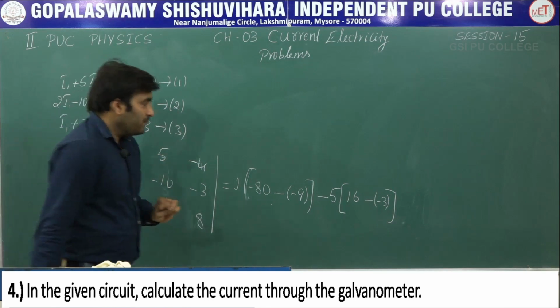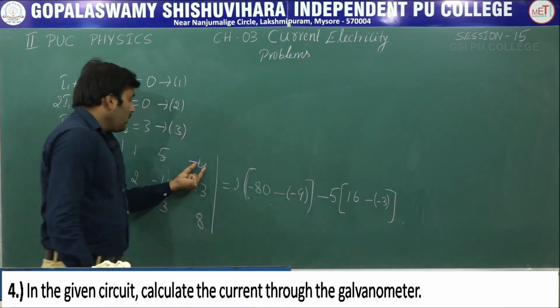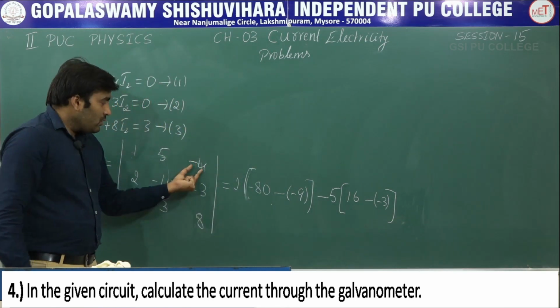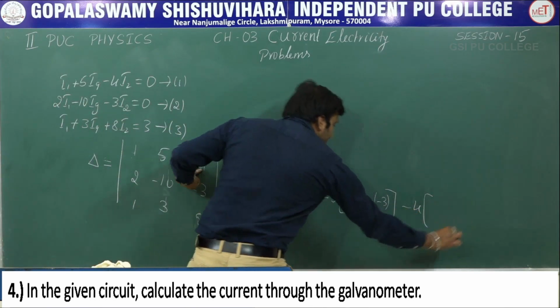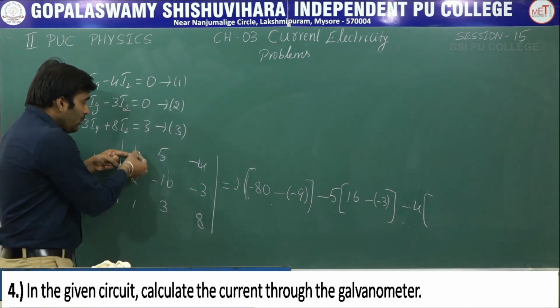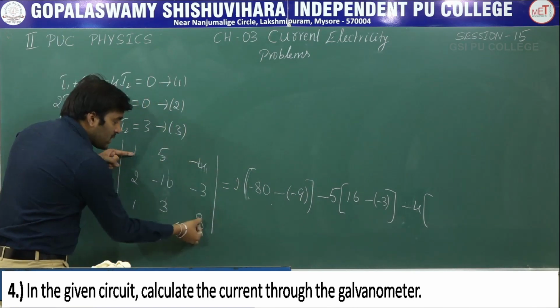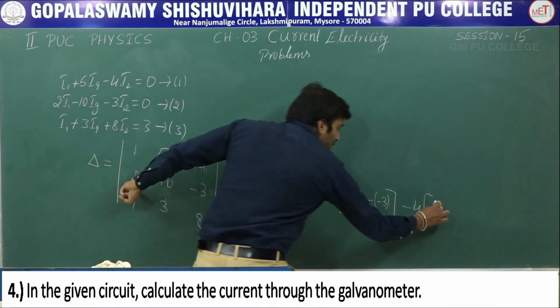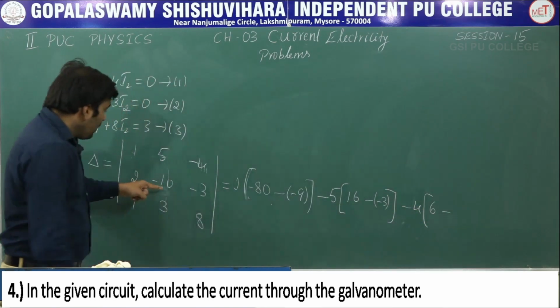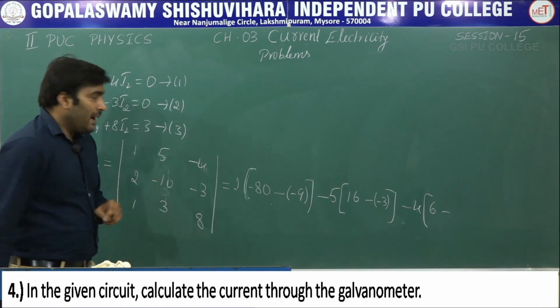Now the third term. We have the third element of the first row, this is minus 4. Minus 4 into, now leave this row and this column. Multiply these two elements: 2 into 3 is 6, minus of minus 10 into 1 is minus 10.